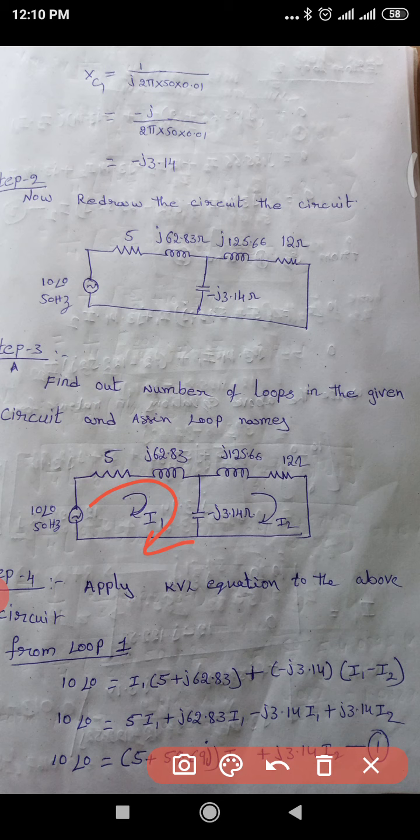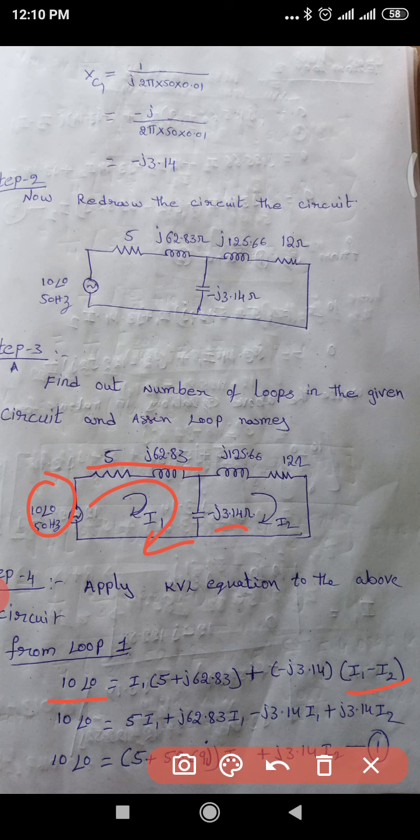So here the applied voltage is 10 at an angle 0, equal to I1 into (5 + j62.83 - j3.14) into (I1 - I2).